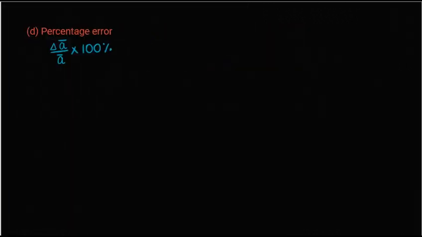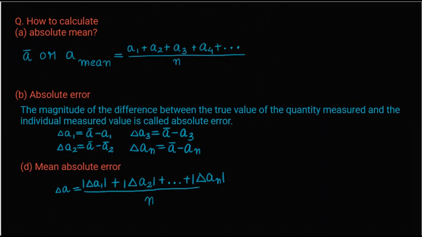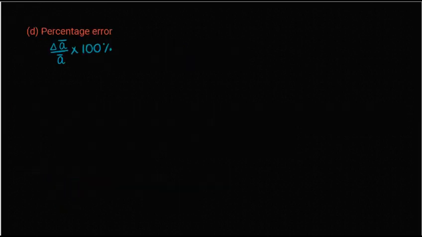And then the final one is your percentage error. To calculate your percentage error, suppose you have calculated the mean absolute error. You will divide it by the true value and then multiply by 100%. This will give us your percentage error.